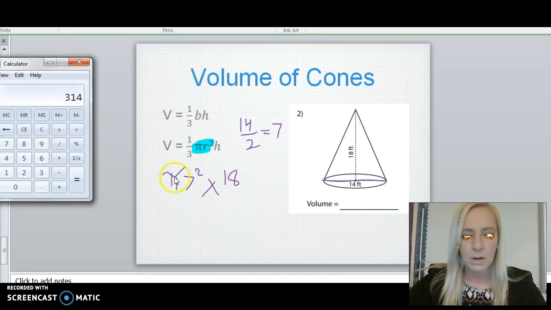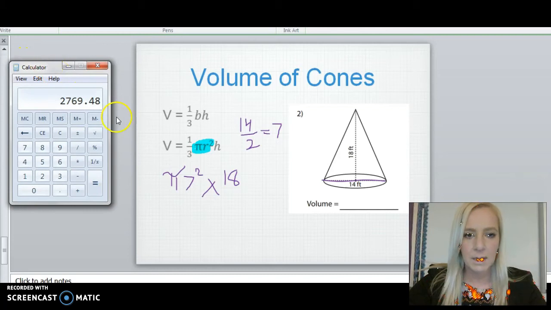Using my calculator, I know that 7 squared is 7 times 7, which is 49. So I'm going to do 49 times my height times 3.14, which is pi. Then I'm going to take that answer and divide by 3.